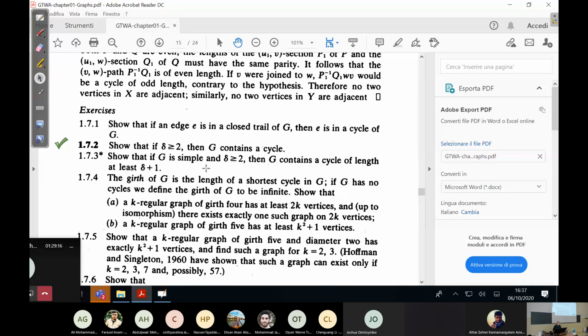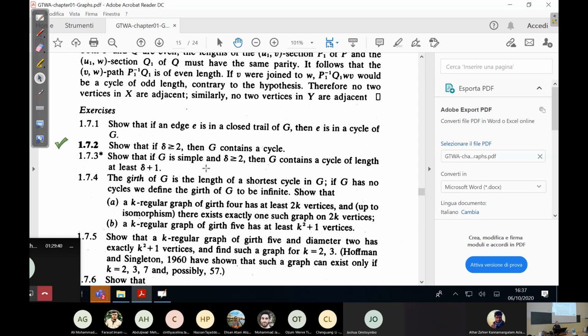We have small delta greater than or equal to 2. Let's show that it contains a cycle. That's very easy to tell just by words. Small delta greater than or equal to 2. Okay, pick up any vertex. Of course, it is not isolated because it has at least 2 edges.